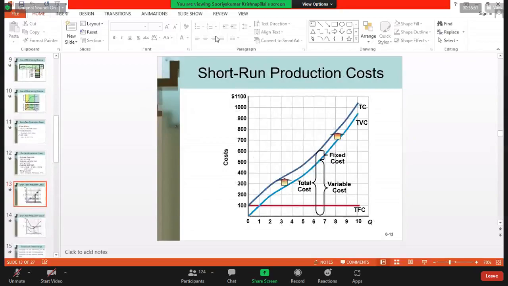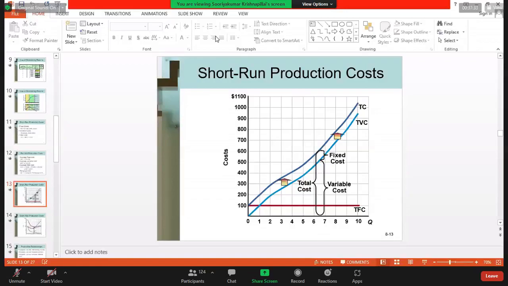Now we will see how the total variable cost and total cost curves look. On the horizontal axis is output, you should not forget. In the production function, the horizontal axis is input. Here, the horizontal axis is output. Total fixed cost does not change with the output. When production is 0, total variable cost is 0. We don't need labor, material or any variable input, so no variable cost.